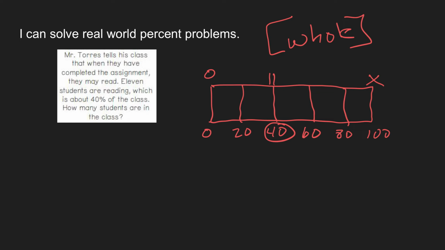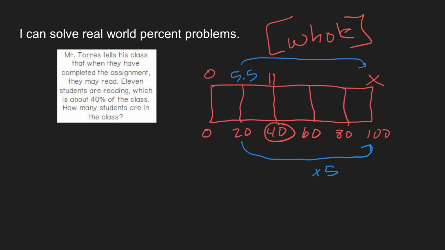So then what I like to do is I look right here and notice that there's 2 sections. So what I do is I take 11 and divide it by 2, and I think that's 5.5. Correct me if I'm wrong. And then if that's 5.5, I could go from here to here times 5.